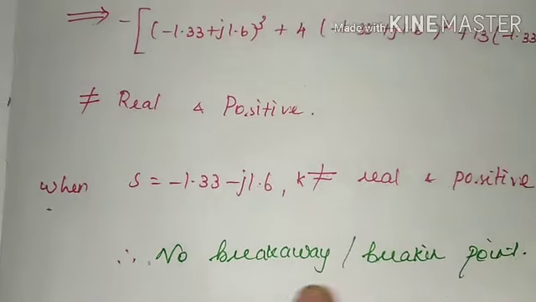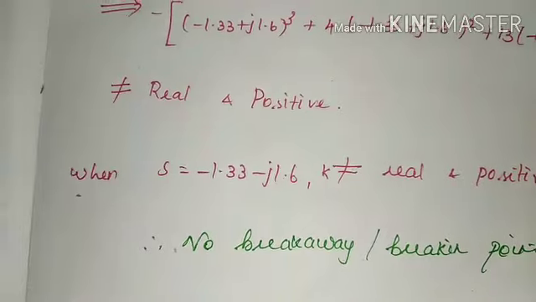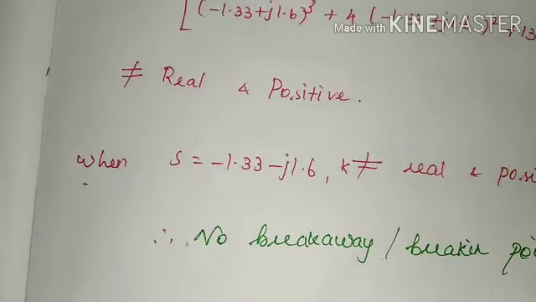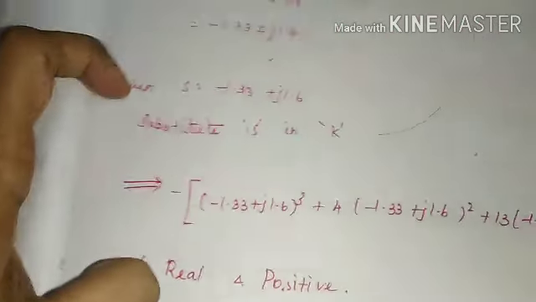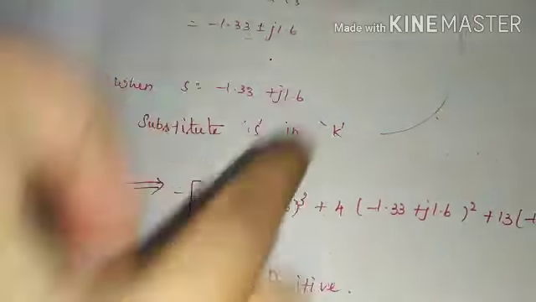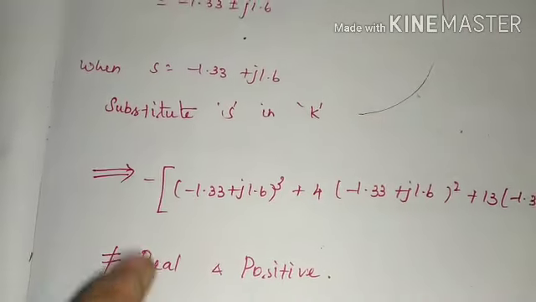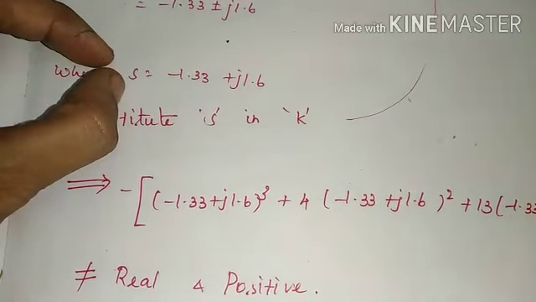See, in the community tab, I will give you one question to practice, and you have to follow the same type of approach. But in that problem, you will get different kinds of s values. You have to substitute those values in this k. Whether that k value is positive and real, then that s value should be your breakaway point.